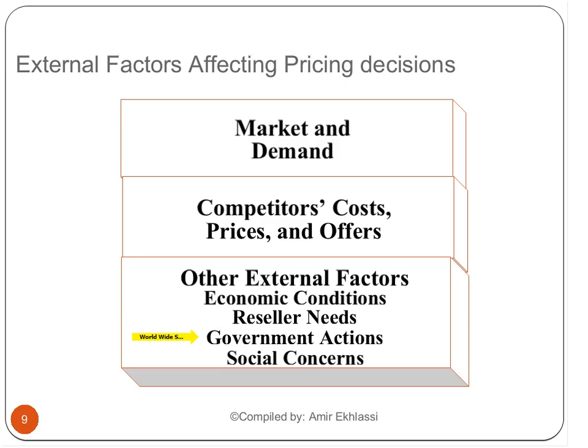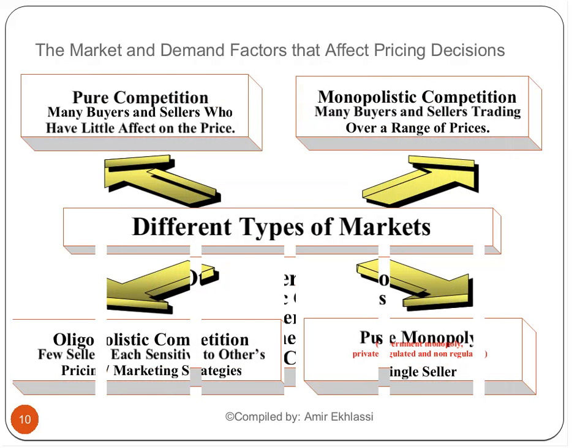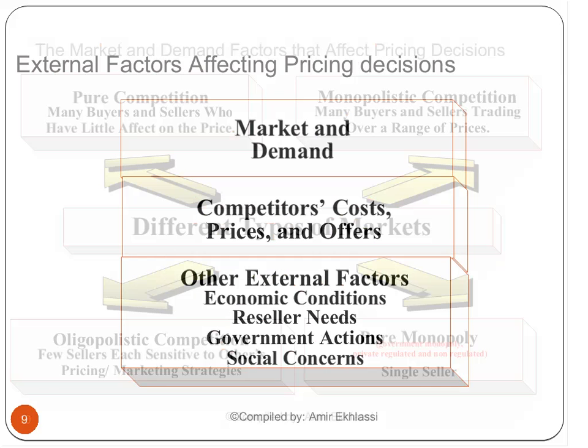You know this one. And also social concerns. You must consider some social factors. Already I explained for you an example about my country. And so this one, the market and demand, and also the relationship between supply and price, and also demand and price. This one already in economics, maybe you have studied about these two factors.